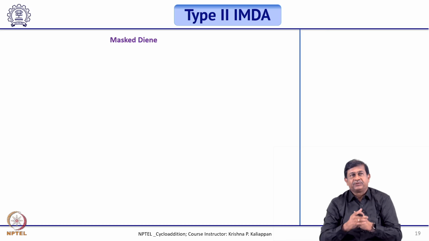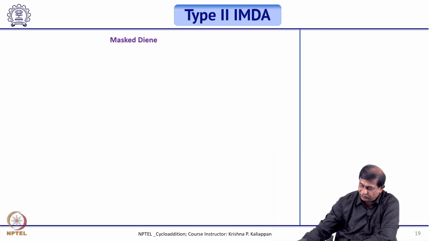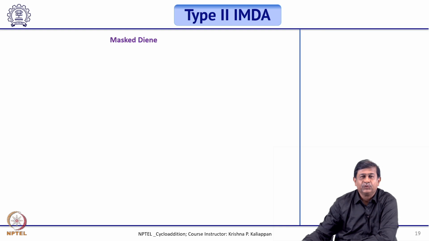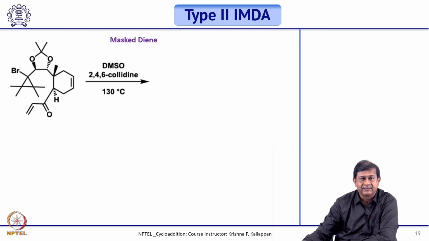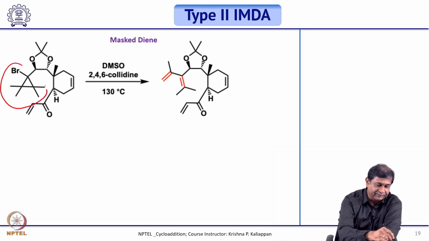One can also use a masked diene, because sometimes when you use these dienes they can undergo polymerization. So, Jeffrey Winkler has cleverly used a masked diene in intramolecular Diels-Alder reaction type 2. Kenneth Shea also has used a masked diene. In this case Shea has used a cyclopropane. Okay.